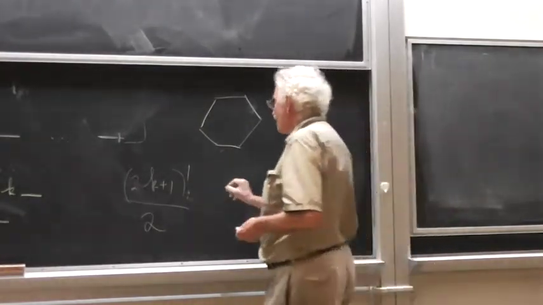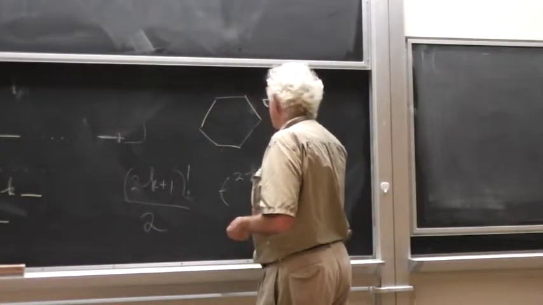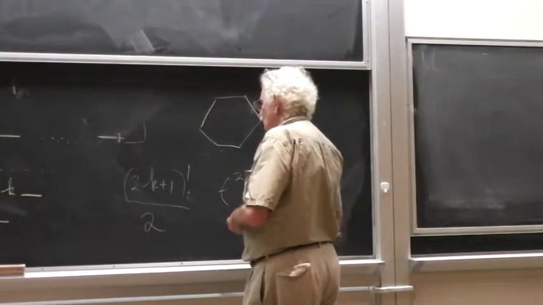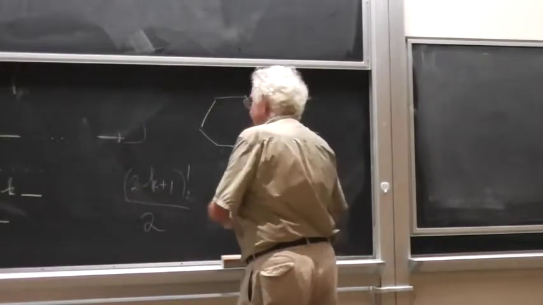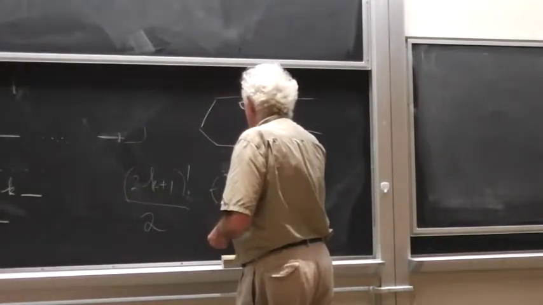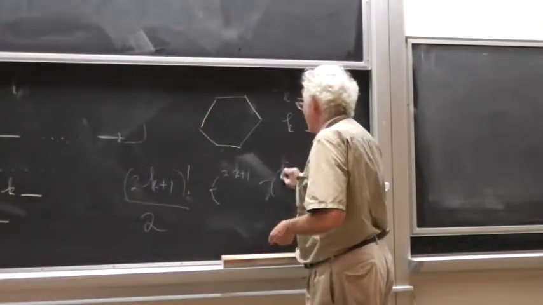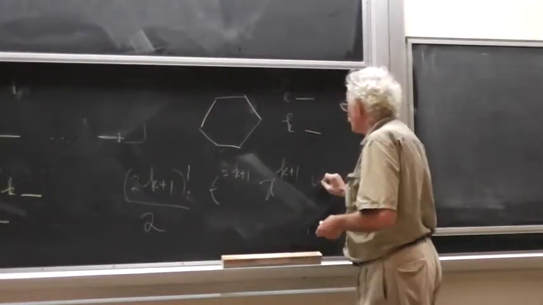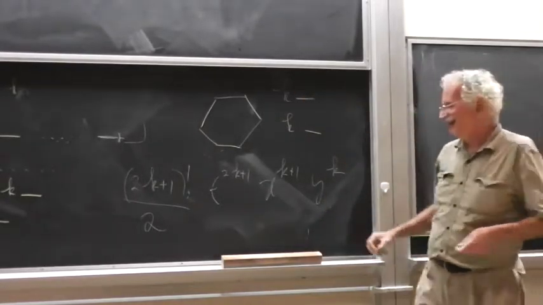So the exponential generating function of only this component is t to the 2K plus 1 over (2K plus 1) factorial. But now it's weighted: the white is x, the yellow is y. So it's x to the power K plus 1, y to the power K, for each K.